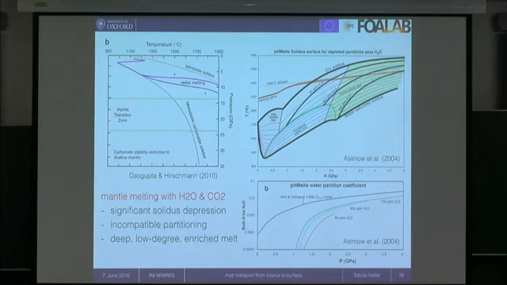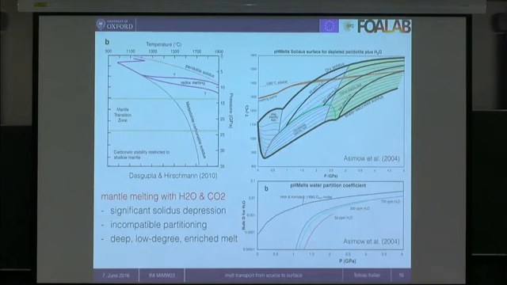You can see that the peridotite solidus is up here, and the carbonated solidus is quite a bit depressed. And you can see a similar thing here, where the diagram is rotated, where the dry solidus is this black line here, and then adding water does all sorts of complicated things to the solidus, which have to do with all sorts of different mineral phases that come in.